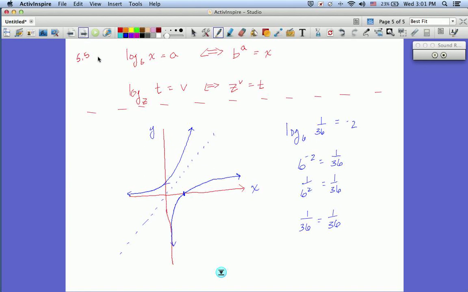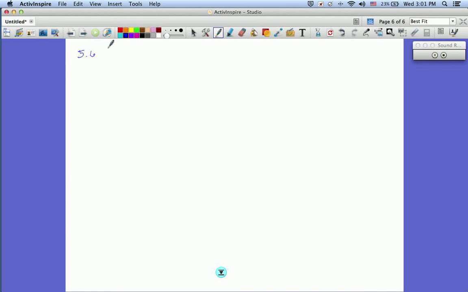In 5.6, we start talking about the laws of logarithms. Laws, look out for the log police. You have log base b of m times n, just like in exponentials, multiplication becomes addition. Likewise, division amongst the logs becomes subtraction between logs.